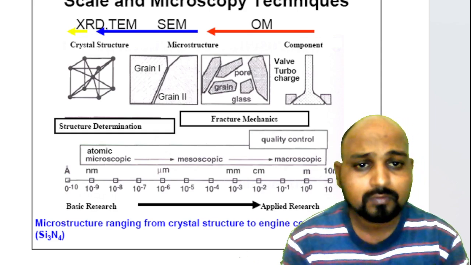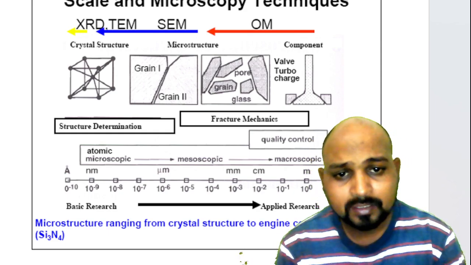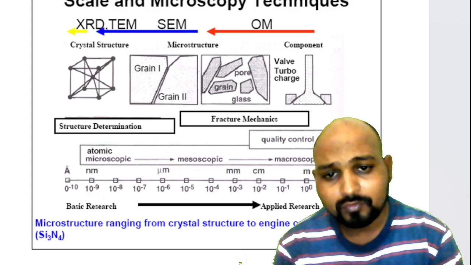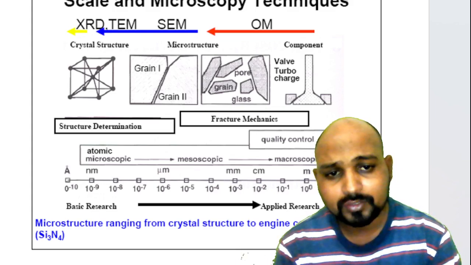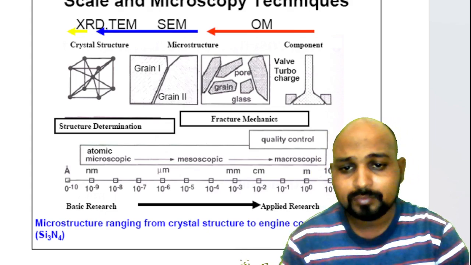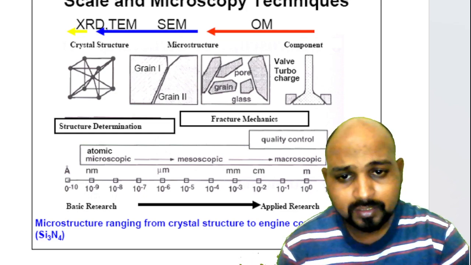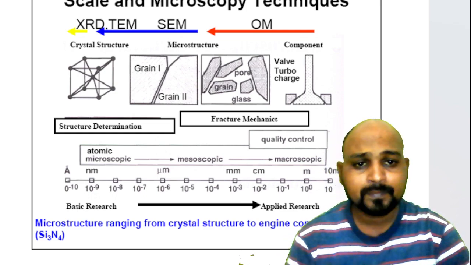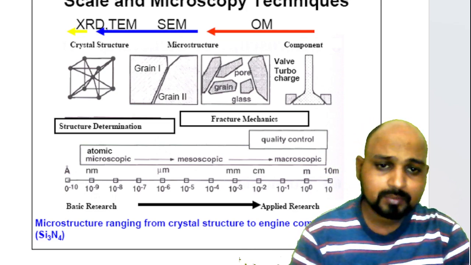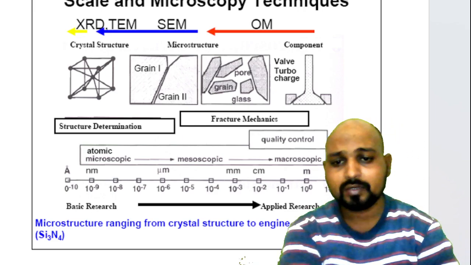We also have the scale from 10 raised to minus 10 meter to 10 raised to 1 meter, that is from basic research to applied research, atomic to macroscopic level.